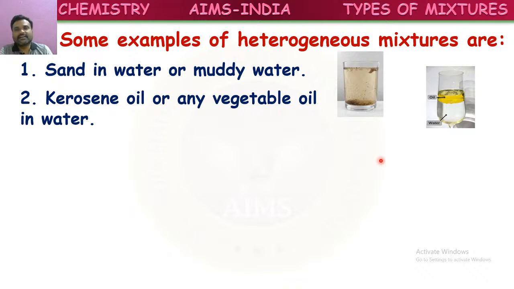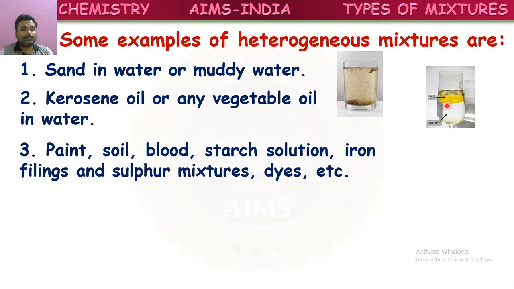As these oils are lighter in density than water, water will come down and the oils will float on the water. So two separate layers will be seen. Here they have shown clearly water is coming down, oil is floating on the water. Two separate layers are there and separate components are seen clearly. There is a visible boundary between the components. Hence, it is also a heterogeneous mixture.